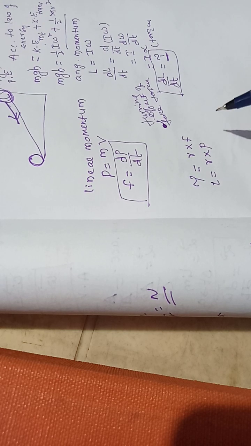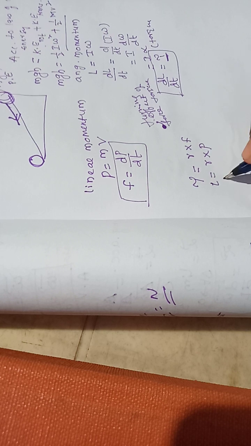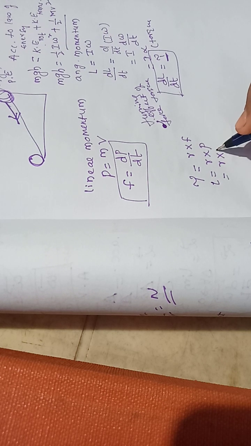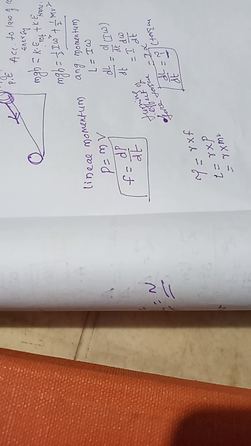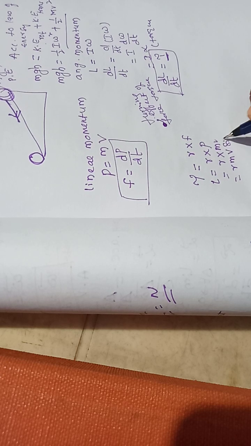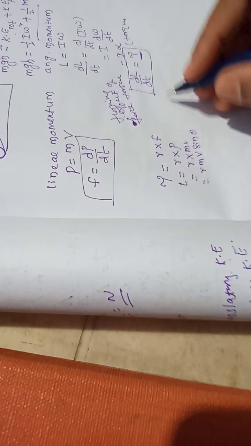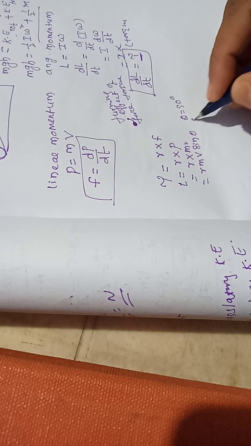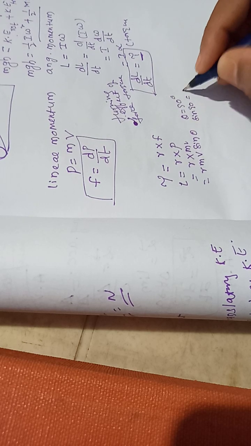Next, similarly, angular momentum is written as r cross p. P is the linear momentum, so r cross mv. P is nothing but mv, I said. Now r m v sin theta. If theta equals 90, sin 90 is 1.